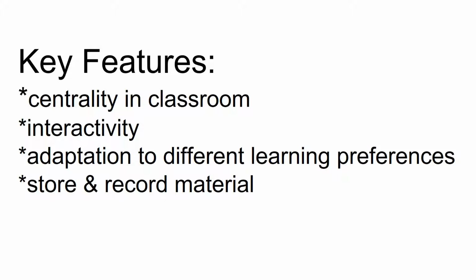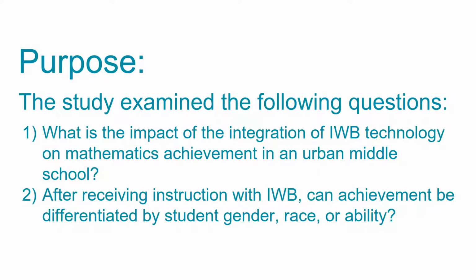And yes, I had to change it because it said learning styles. For the visual, the auditory, the kinesthetic, it's all worked in there. You could get all learner preference styles in there, and you can store and record the material that you've used. Like I said, you could go back and you store it for that day ahead or the next day. And to me, I would love that.